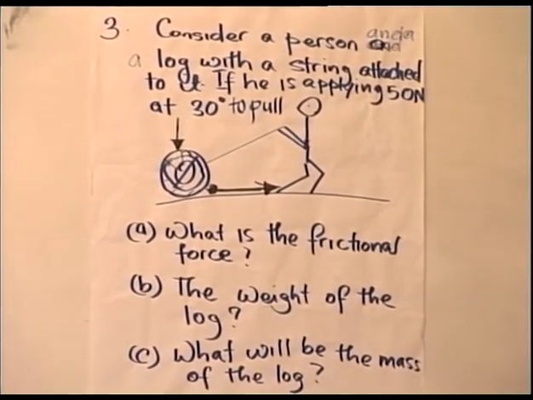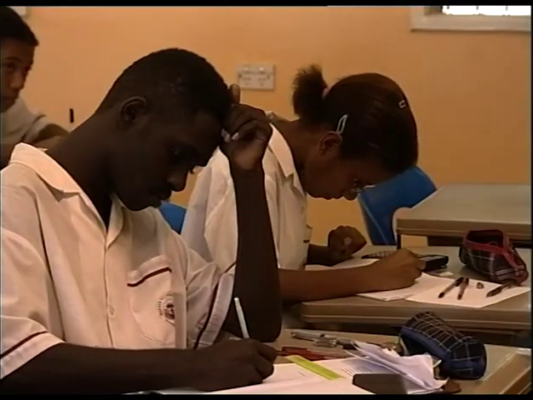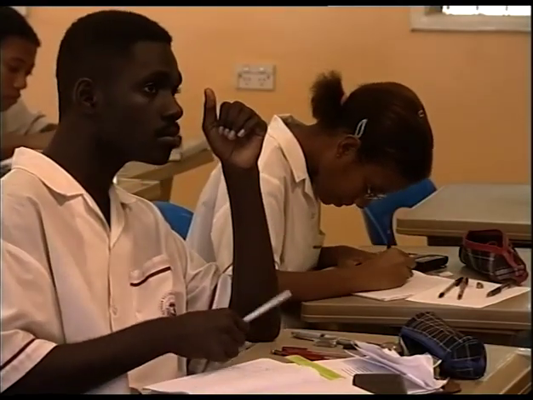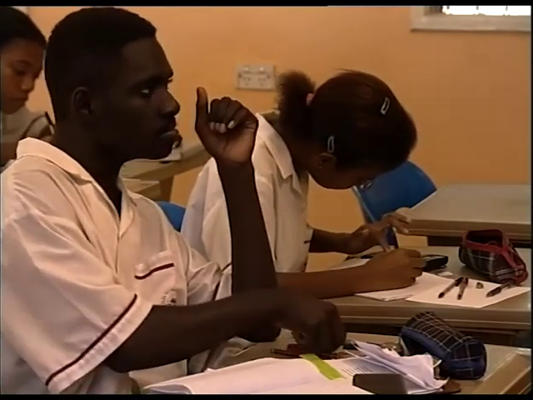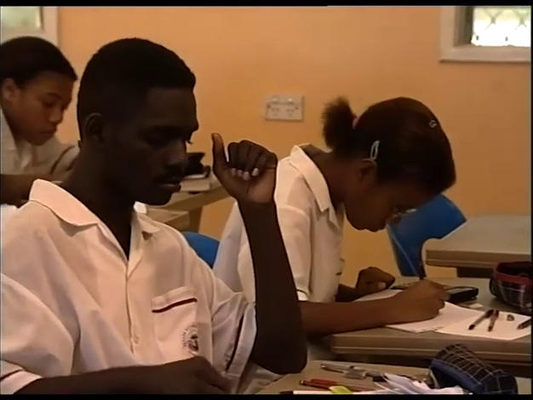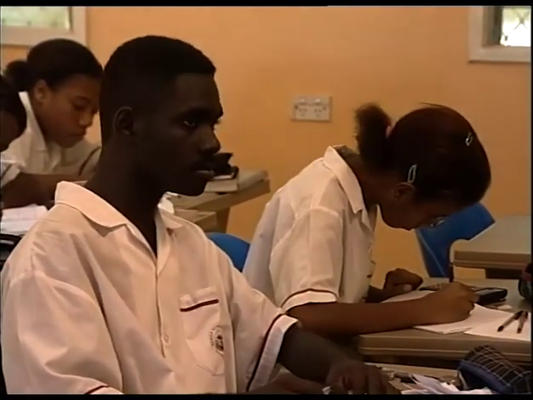Okay. I'll give a few more minutes and then we'll go through the correction of the questions. Maybe we'll do question number 1 and question 2 only. Okay, for question 2, quickly complete question 2.